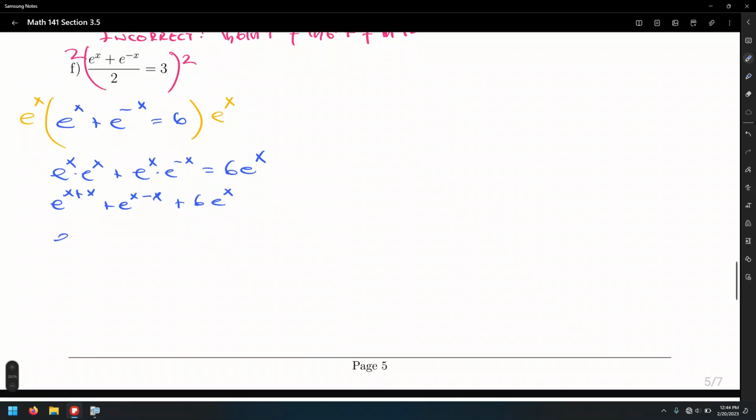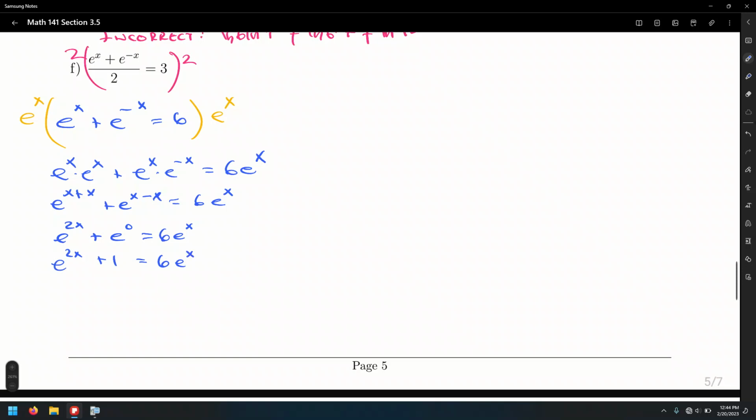That's going to become e to the 2x plus e to the 0 equals, oh no, that's not a plus, that's an equal sign, 6e to the x. And well, that negative exponent is gone, because e to the 0 is simply 1, and e to the 2x plus 1 equals 6e to the x.